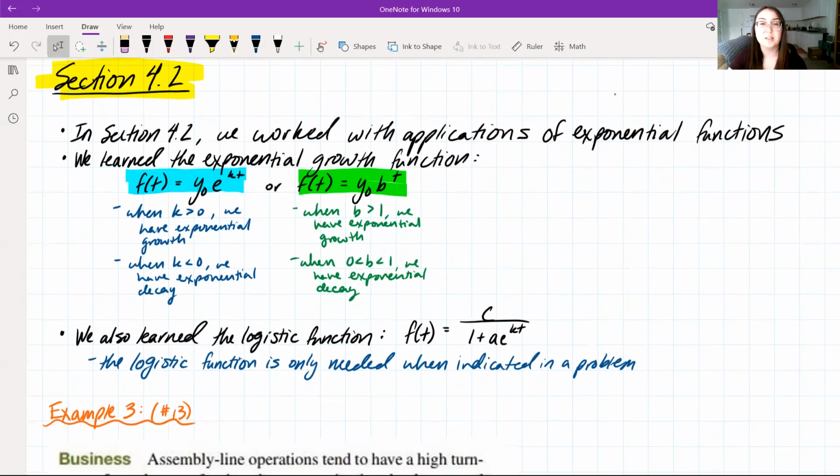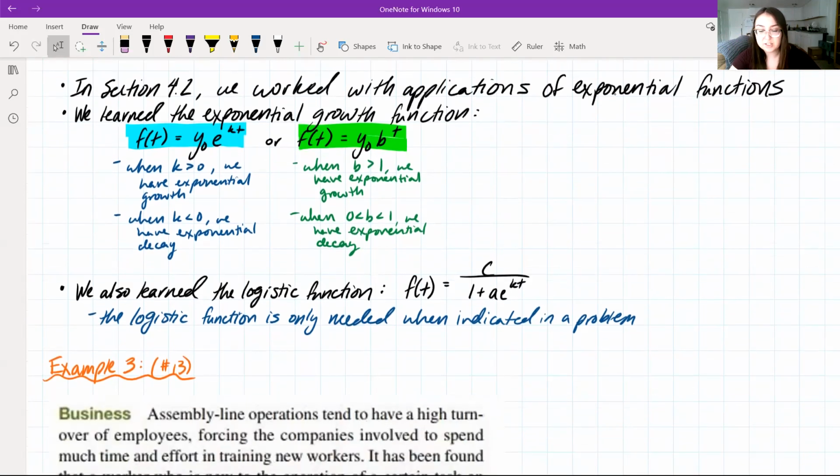We also learned the logistic function, where f of t is equal to c divided by 1 plus a times e to the power of kt, where c and a and k are all constants. The logistic function is really only needed when indicated in a problem.